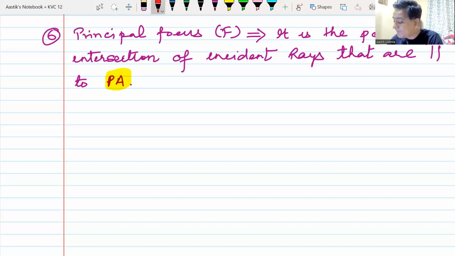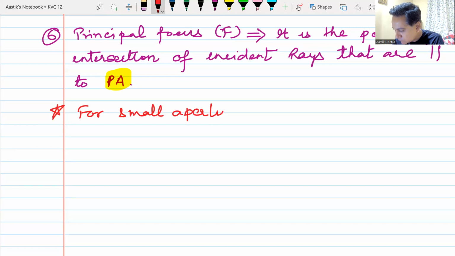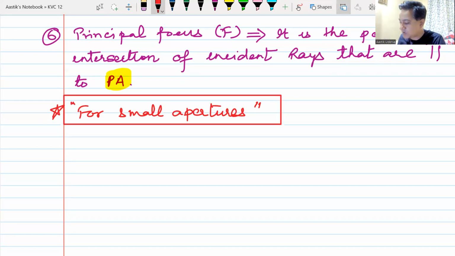So remember, this definition is only valid for mirrors of small apertures.